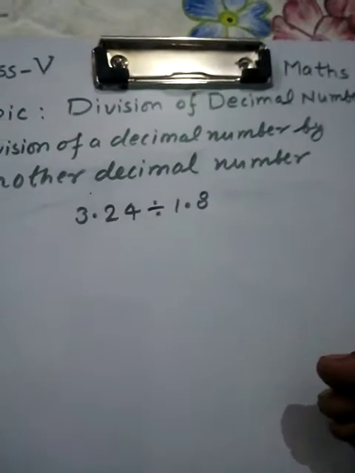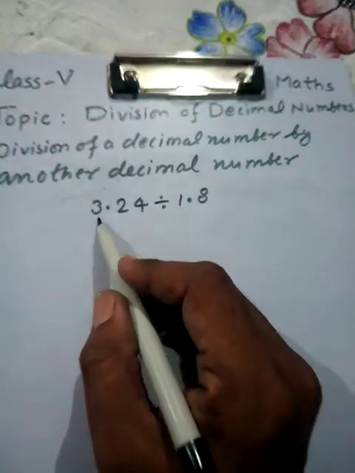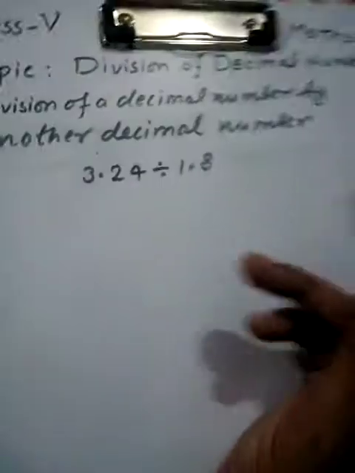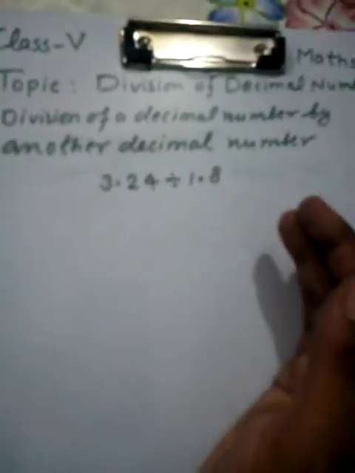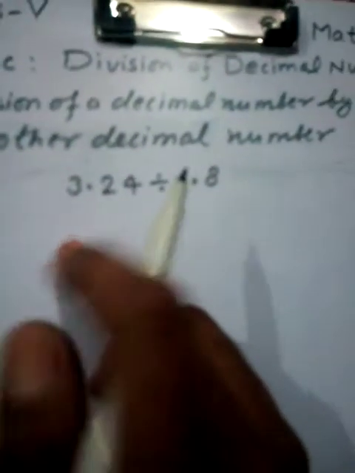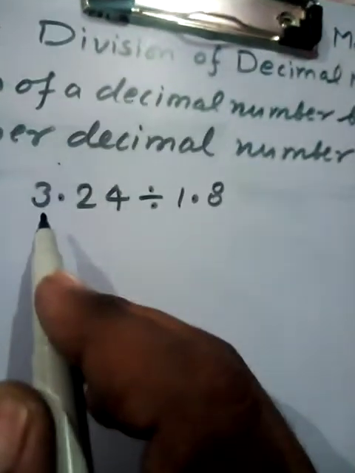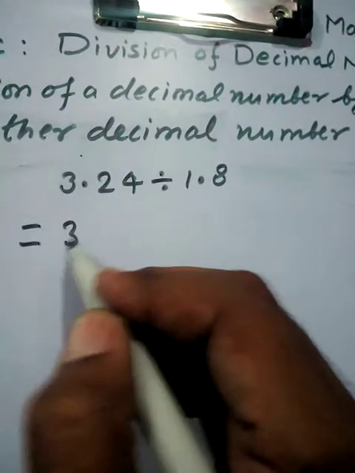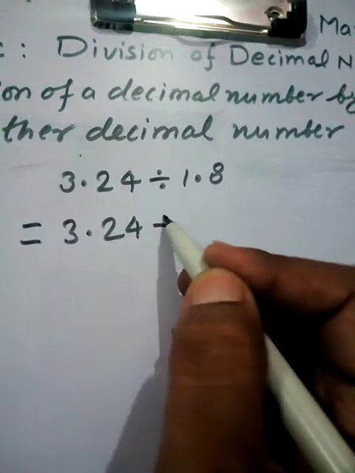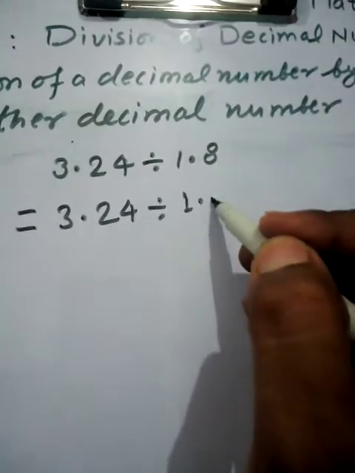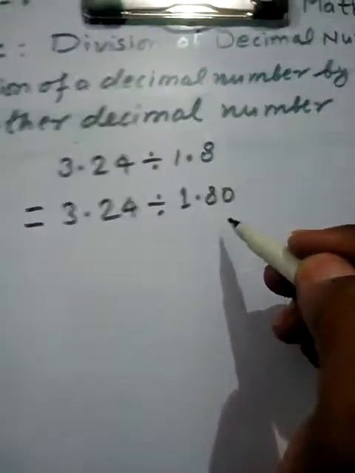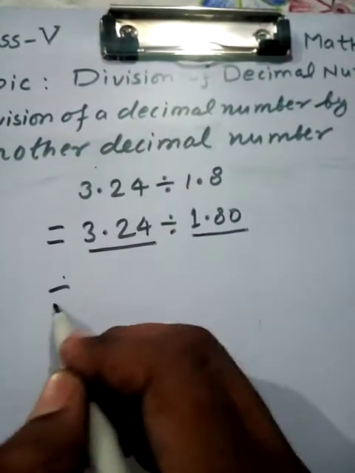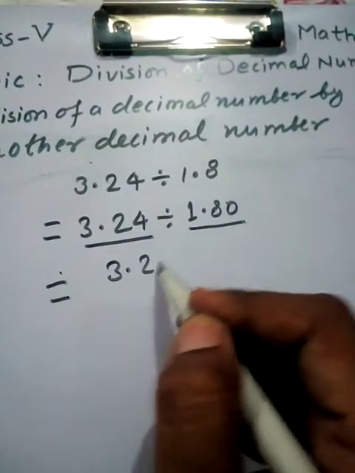Now students, I am taking another example. 3.24 divided by 1.8. How can we divide? You just change these two decimal numbers into like decimals. You can write this question as 3.24 divided by 1.80. Now these two decimals are like decimals.